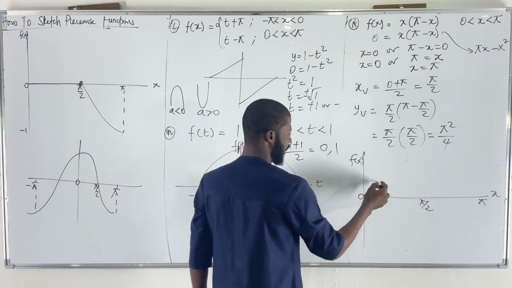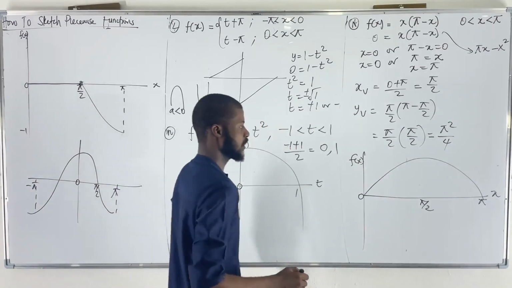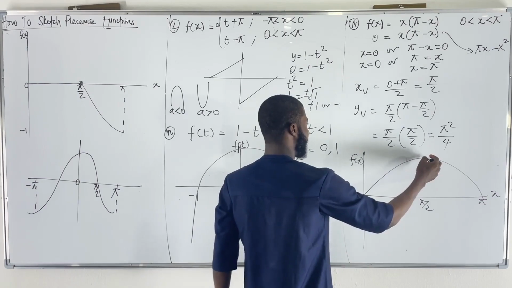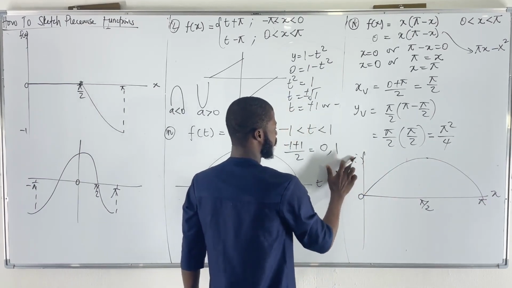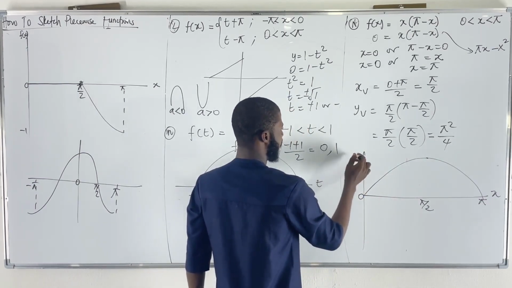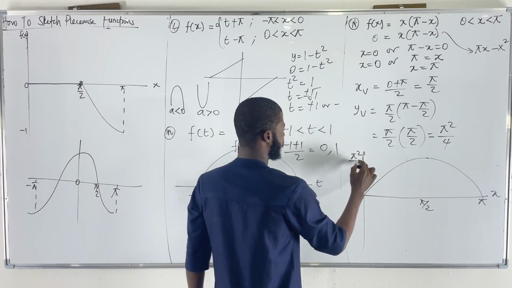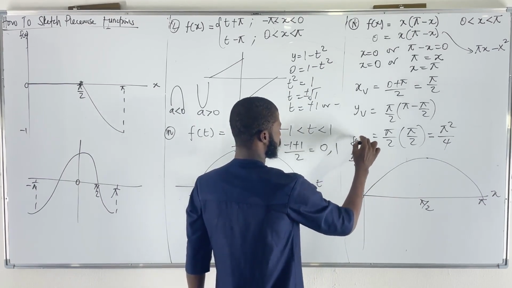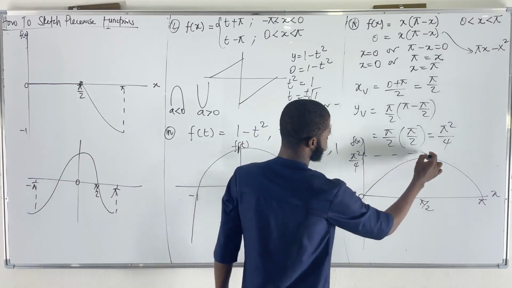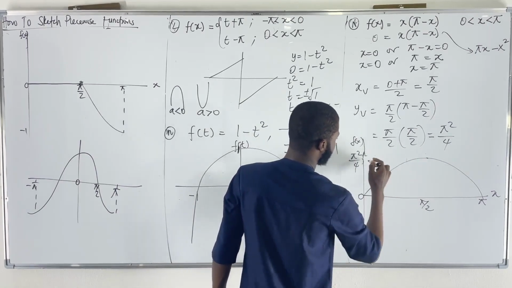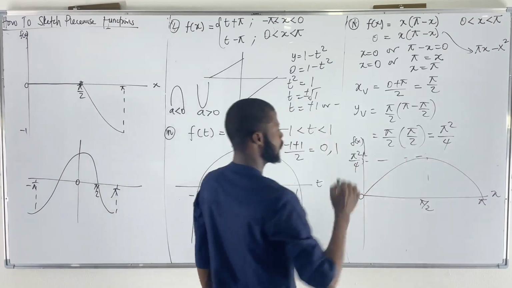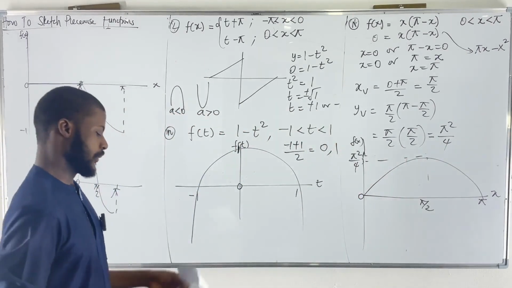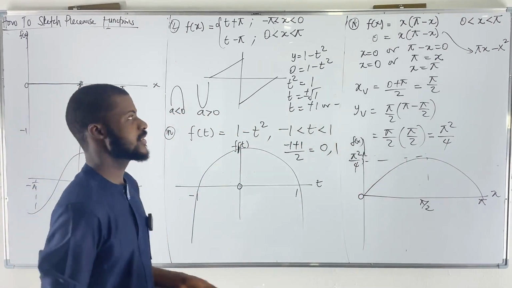This point here, which is the maximum, the value of y here is pi squared all over 4. That's how to plot that one.